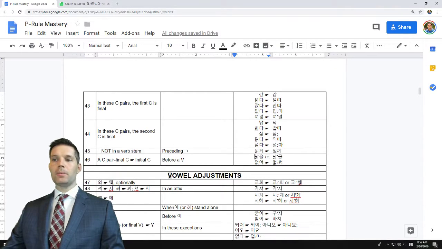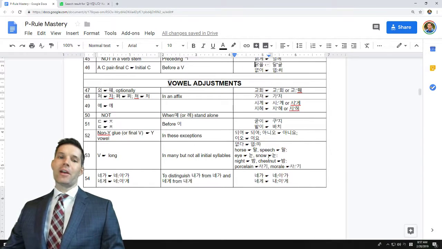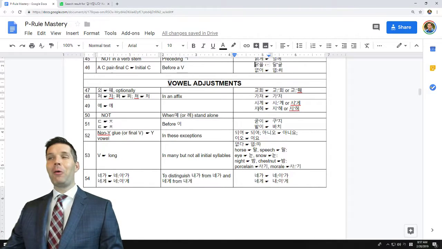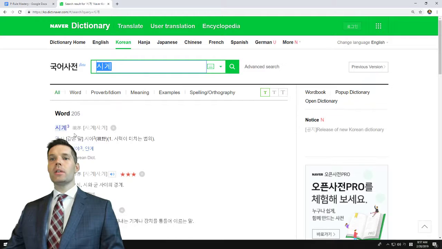This is one that occurs so often, but people just miss it with the 쌍시옷 sound there. So 없어. Now we have some vowel adjustments. Vowel. Sorry, I'm from Texas. Vowel adjustments. 교회, 가져, 시계. These have alternates here. So if I were to look up this word here, then we have 시계, 시계, two different ways.